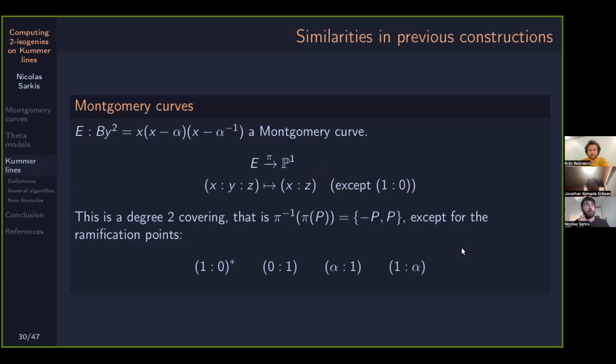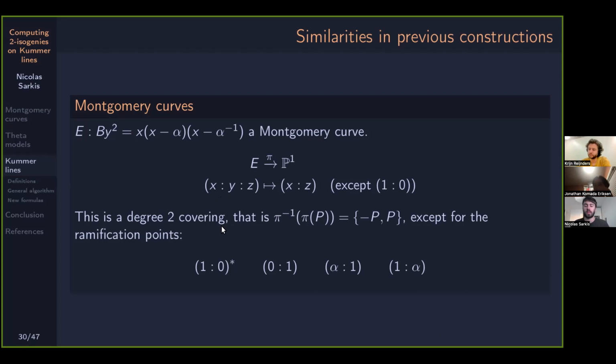So first, why are Montgomery curves and theta models so similar? On Montgomery curves, what we did is we forgot about the y coordinates, so we just sent xyz to xz. And this is a map. This map is a degree 2 covering.